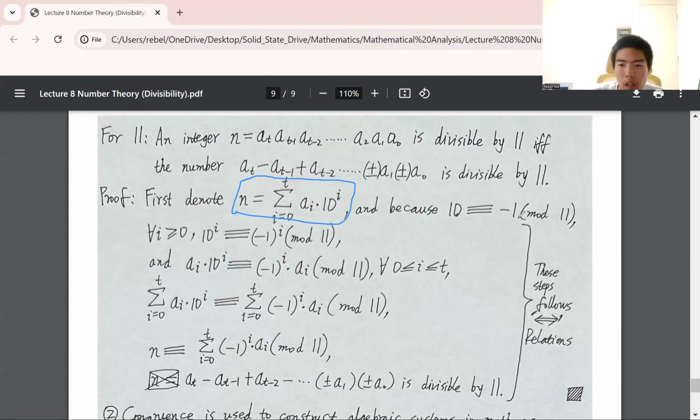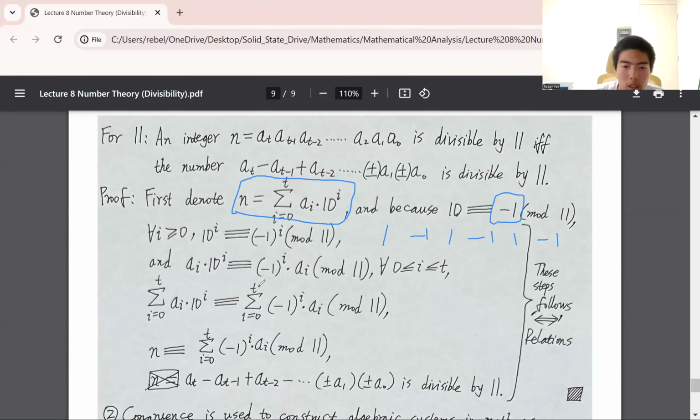Because 10 and negative 1 are congruent modulo 11, we just simplify the 10 here to negative 1. So negative 1 to the power of i is not always 1. It's 1, minus 1, 1, minus 1, 1, minus 1.